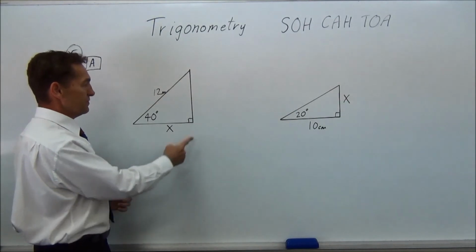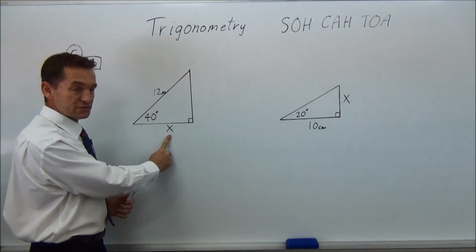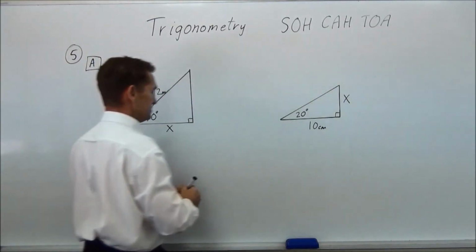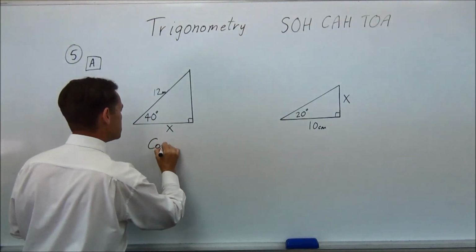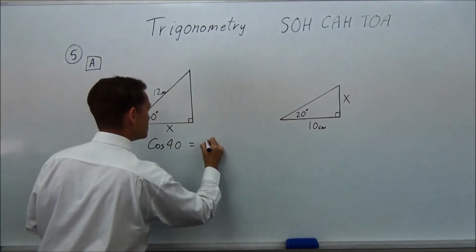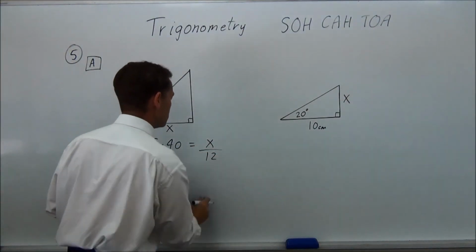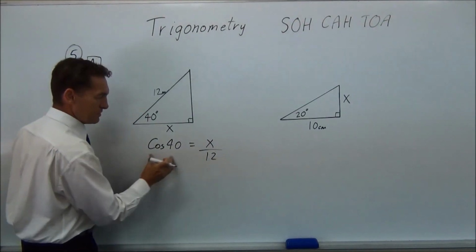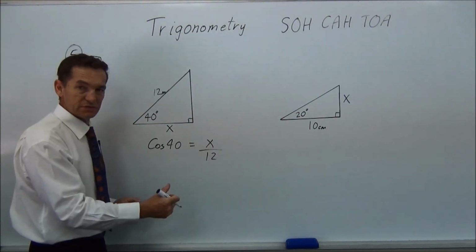So let's look at this one. For this, you've got adjacent and hypotenuse. So adjacent and hypotenuse is cos. So we're going to write cos 40 equals x over 12. Now I said it was going to be a multiplication. That's because you're going to multiply both sides by 12 to leave x on its own.